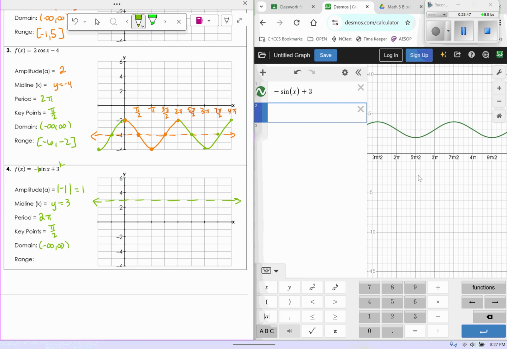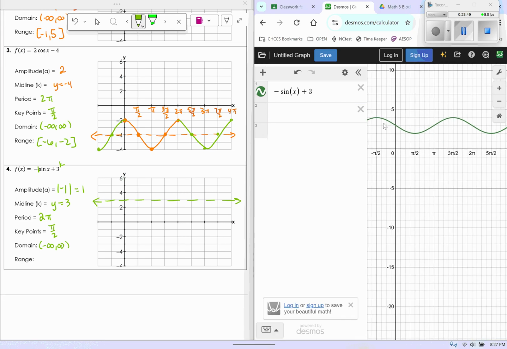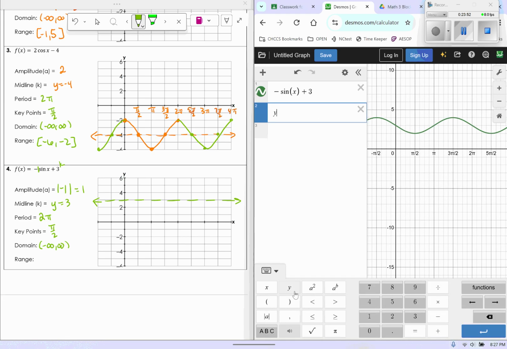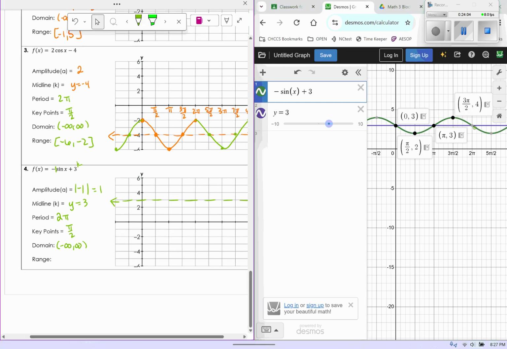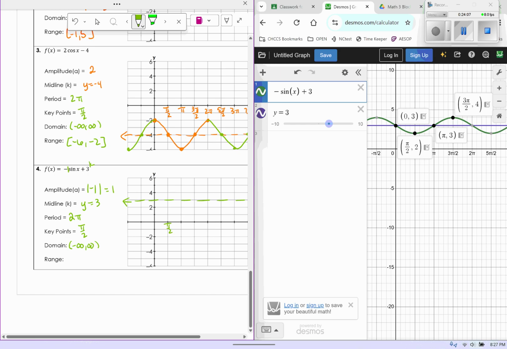So on my graph, if I start at the y-axis, going back here, and I need my midline, so y equals 3. So it starts at 0, 3, then pi over 2, 2. So this would give me my first wavelength, those 5 points there. So again, pi over 2, 2 pi over 2 is pi, 3 pi over 2, 2 pi.